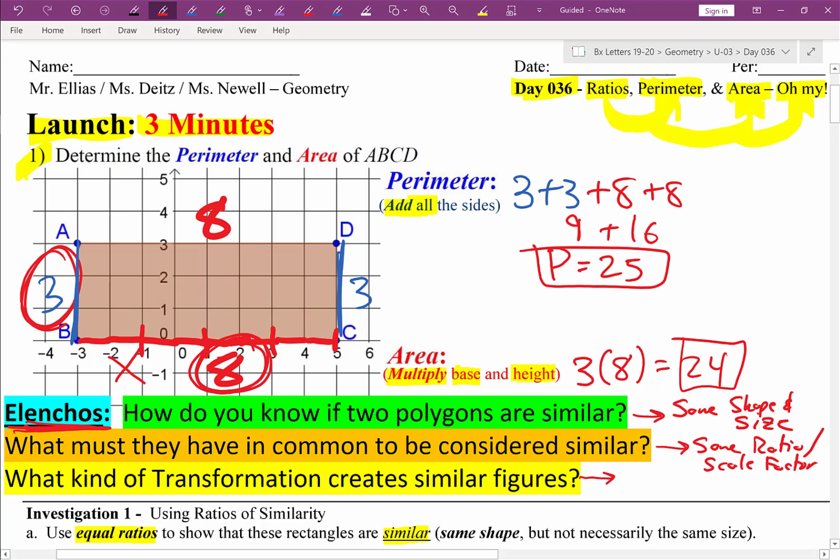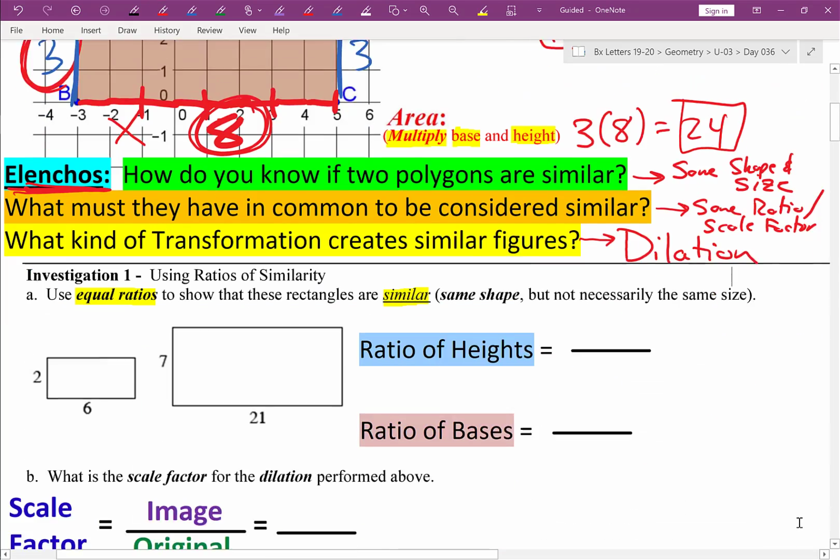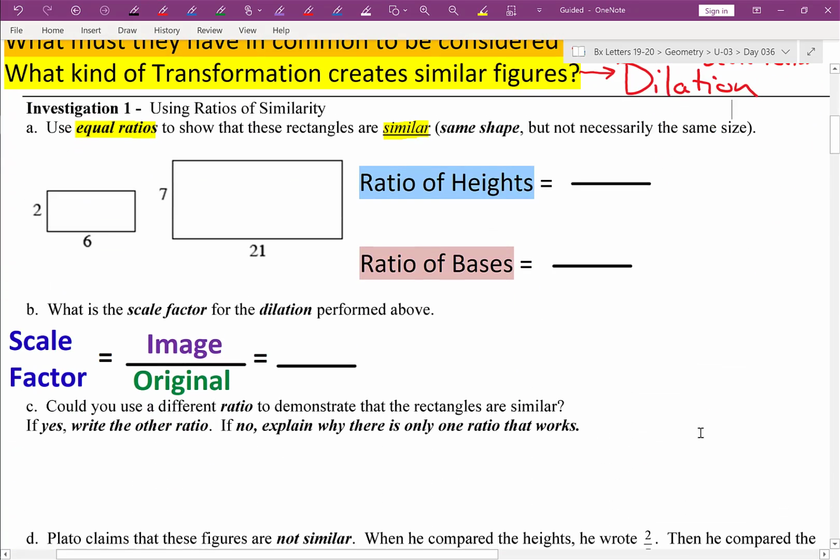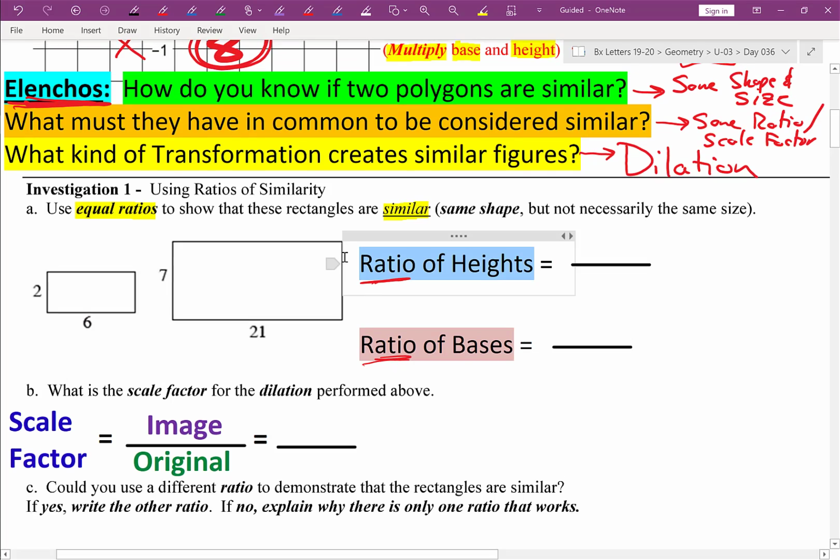And then what kind of transformation creates similar figures? Dilation, as we learned in the previous lesson. Alright, so that's just a warm-up, to get you prepared for today's lesson. We're going to be accessing it through using ratios, through using that scale factor. So read the investigation, try it out.